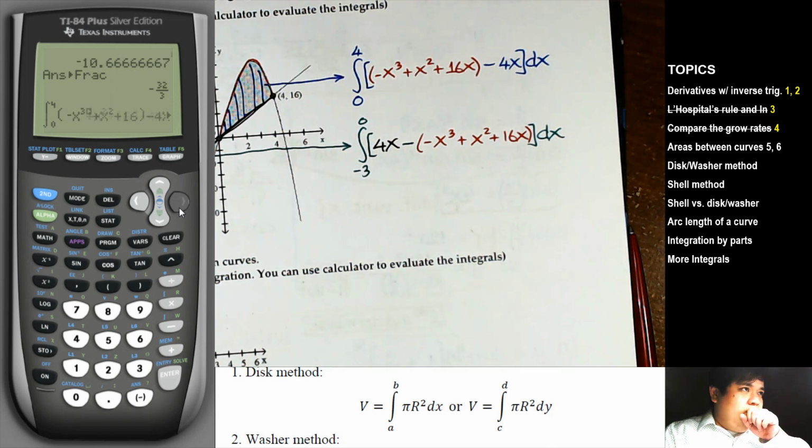Sorry about that, I don't know why. So we have to enter exactly. That should be 16x.